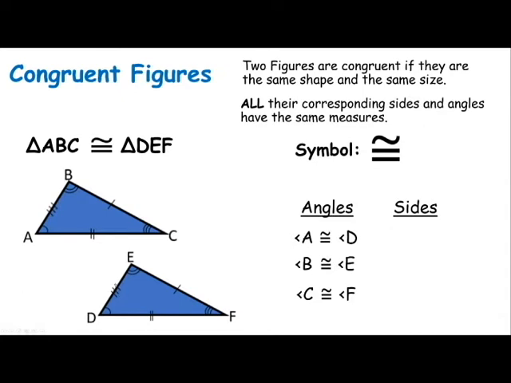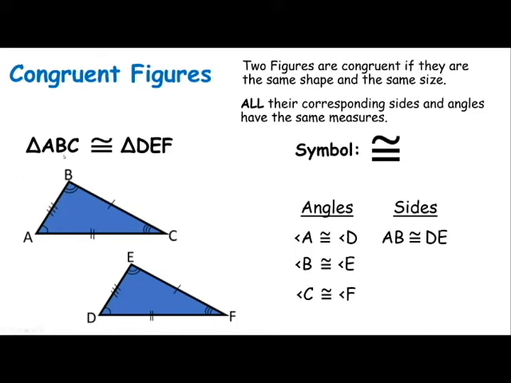It has 1, 2, 3 congruence marks as well. So AB is congruent to DE. Now, if I was being much more formal, I would actually have a little line drawn above AB and DE indicating that these are segment AB or side AB and side DE. But for the sake of keeping this simple, I'm not going to do that today.